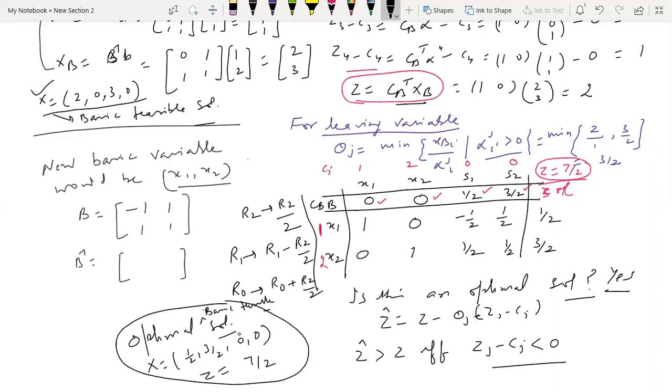Otherwise, we keep on entering and leaving with the previous rule: we enter the variable for which Zj minus Cj is most negative, and we leave the one given by the minimum ratio rule for theta j.